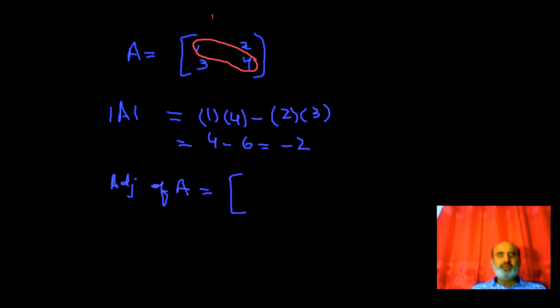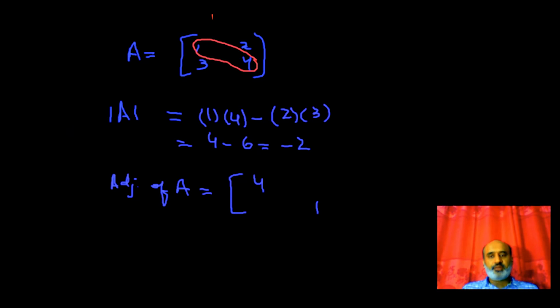For finding out the adjoint of a matrix, you need to change the positions of the elements of the principal diagonal. So you need to write down 4 here and 1 there, and you need to change the signs of the secondary diagonal. If they are positive, you need to make them negative, and if they are negative, you need to make them positive. So that was 2, I'm making this negative 2, and that was 3, I'm making this negative 3. So this is the adjoint.